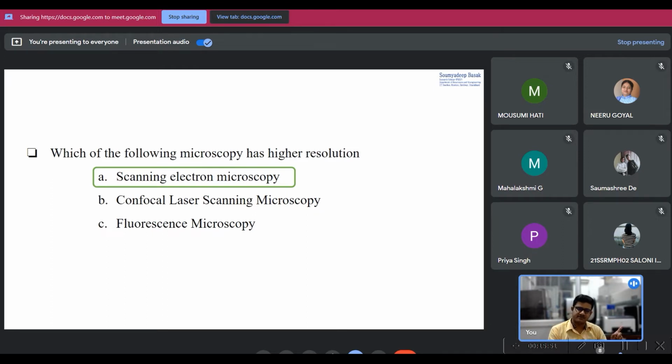And what is the difference between SEM and TEM? Scanning electron microscopy and transmission electron microscopy. Just crudely, you can say what kind of measurements we can do using SEM and TEM.